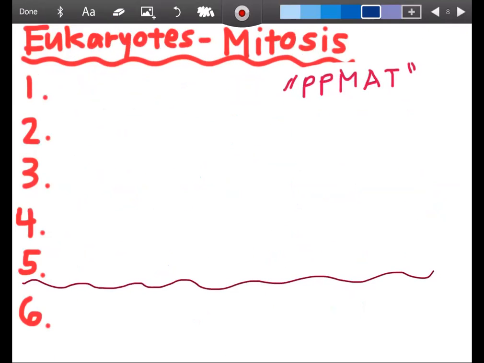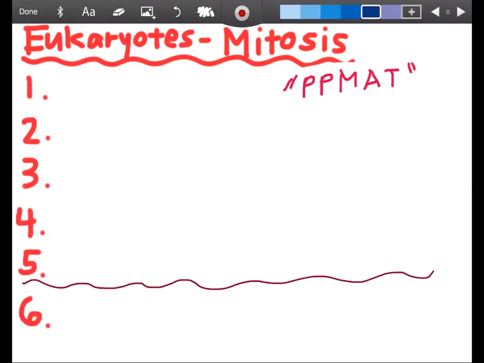With eukaryotes, it's a little bit different because these cells are going to grow, and then at one point, they're going to divide and make a new cell. This process is called mitosis. Mitosis has essentially 5 steps, but I added on a 6th step. I would know these steps in order for the exam.